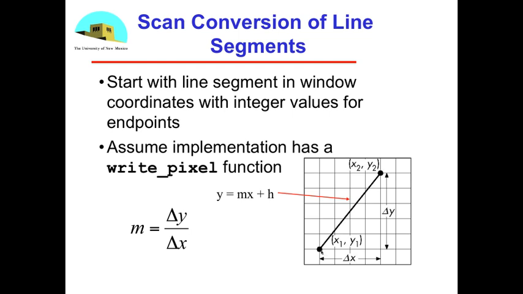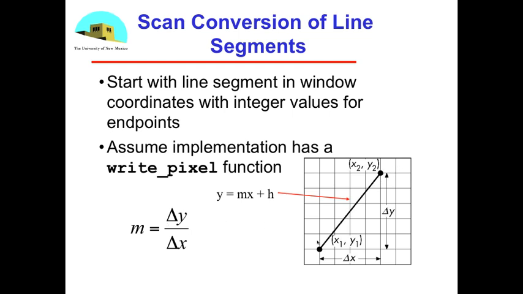And how do we march along this line? Well, the slope is a constant, and the slope is given by just the difference of the y values at the endpoints over the difference of the x values at the endpoints. So the slope is delta y over delta x for any two points along that line segment. We can compute it given the starting points.